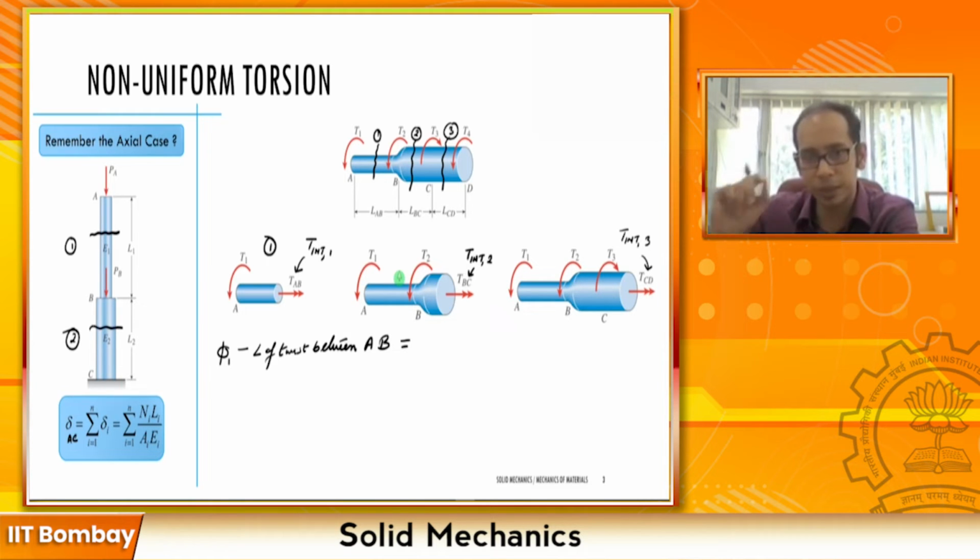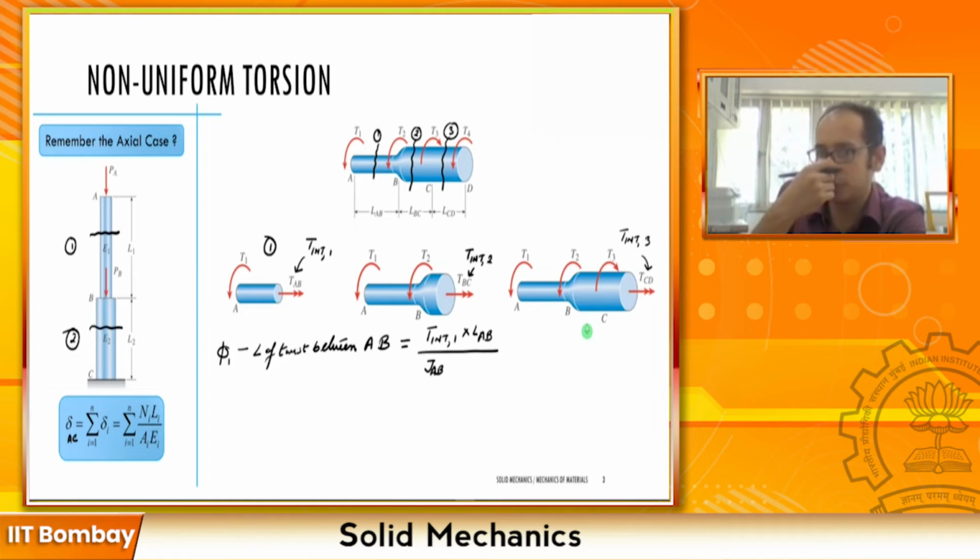I consider the internal torque as I did with the internal axial forces, so it is T1 times the length of that section, L_AB, divided by J of AB. Remember, the polar moment J for a circular shaft depends upon the radius, times G of AB. If they are made of different materials, they have different shear moduli.